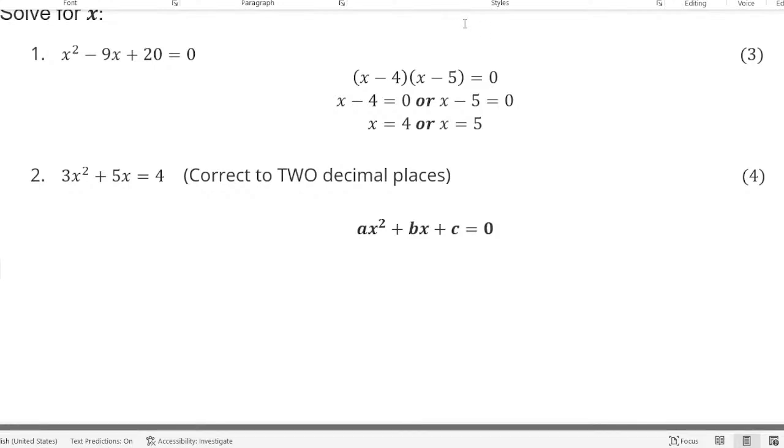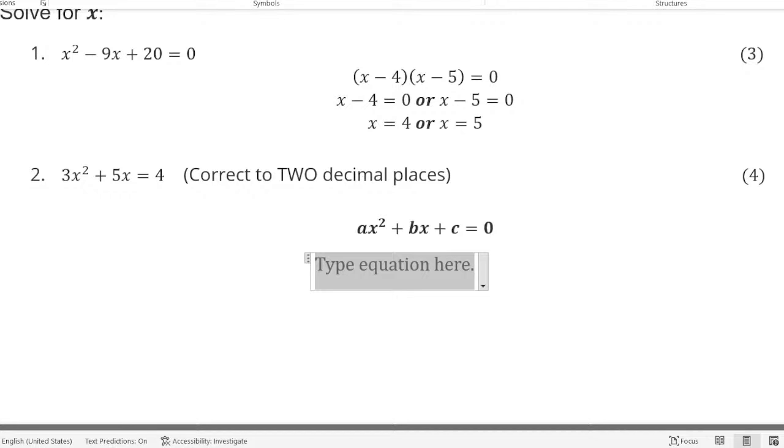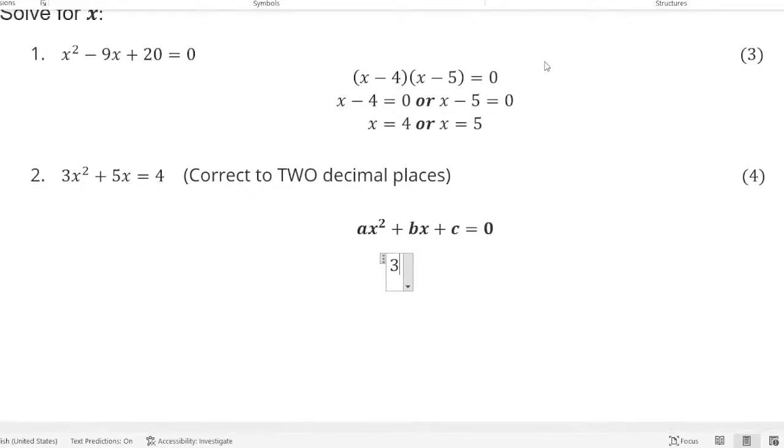Perfect. So now let's write 3x squared plus 5x is equal to 4 in the form of ax squared plus bx plus c is equal to 0. So we'll say 3x squared plus 5x. Then remember, we are transposing 4 to the left hand side. In other words, we are taking the constant 4 to the left hand side.